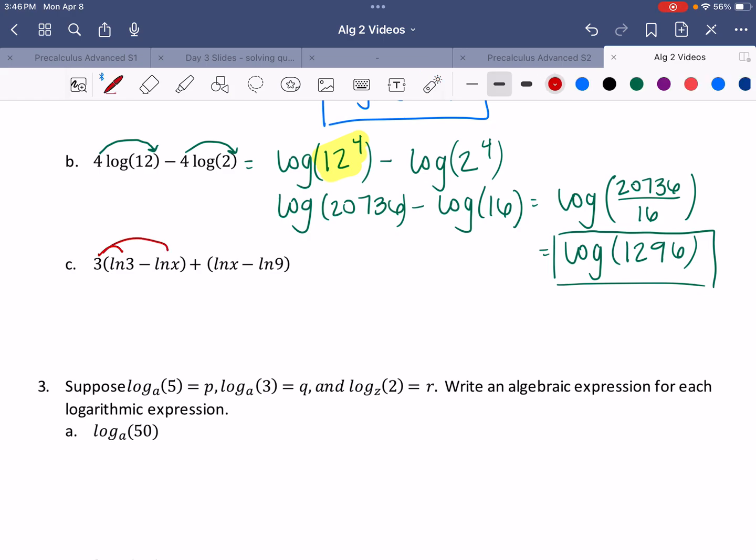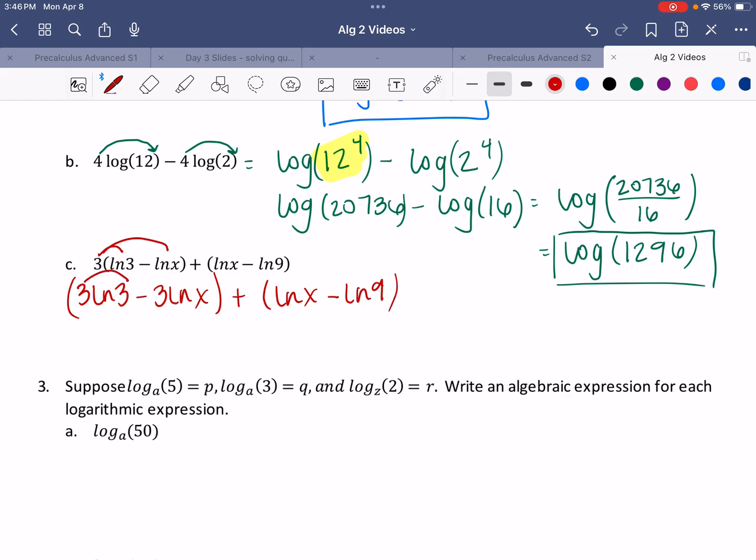I'm just going to go ahead and distribute. So 3 times the natural log of 3 minus 3 times the natural log of x. And again, you won't have to put those parentheses right now, but then we're adding it to the natural log of x minus the natural log of 9.